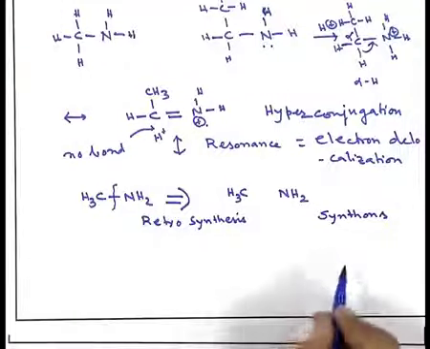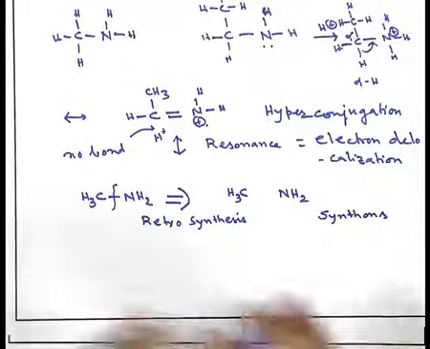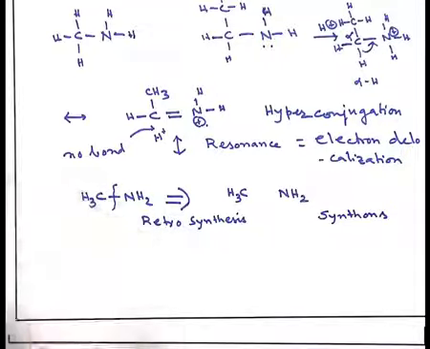Why am I telling you these synthons are a concept? Because from these synthons, by putting something in, we can get the synthetic equivalent, and those synthetic equivalents are the actual molecules or starting materials, and if we combine those two starting materials under appropriate conditions, then we will get back the target molecule.